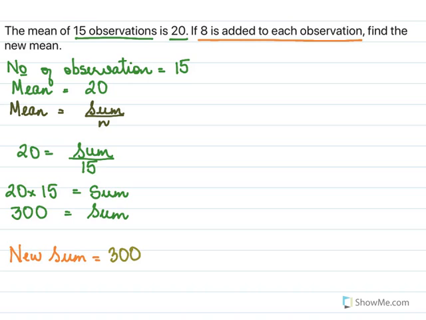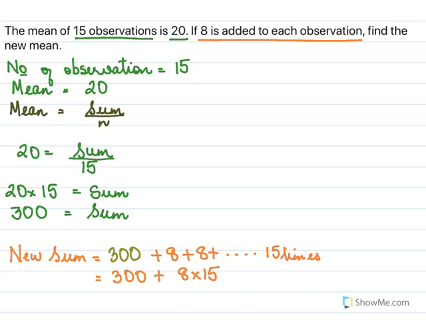So we will have plus 8 plus 8 plus 8, 15 times, because 8 is added to each of the observations. So the new sum will be 300 plus 8 into 15, because 8 is added to 15 observations.